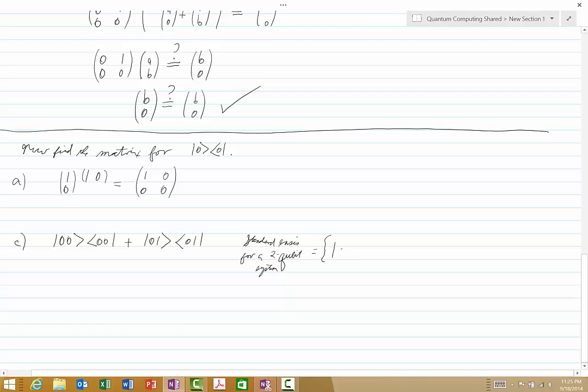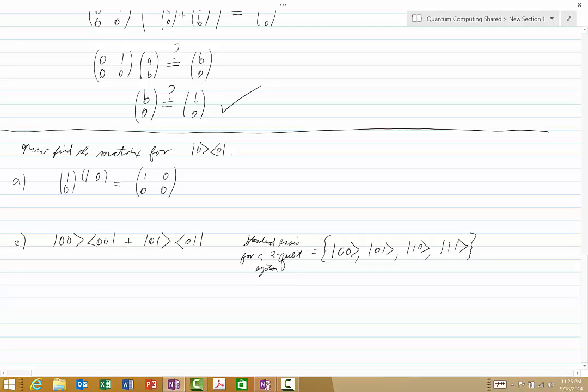The first one is 0, 0. The next one is 0, 1. The next one is 1, 0. And the fourth and final one will be 1, 1. And this is the correct order: 0, 0, 0, 1, 1, 0, 1, 1.